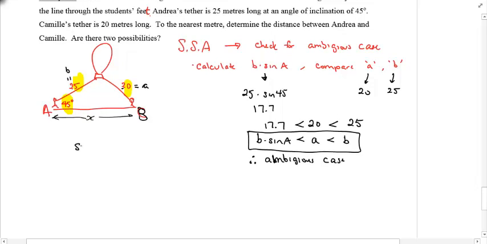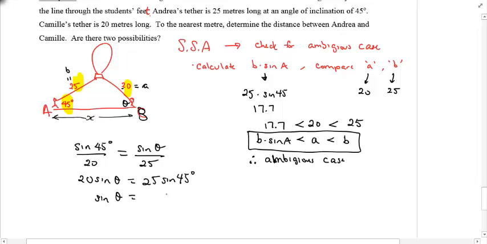I'll do the calculations. Now, sine 45 over 20 equals, I guess you need to find angle B first down here, or angle theta. So I'll say sine theta over 25. Once again, we'll do the cross multiplication. We'll try to solve for angle theta first.